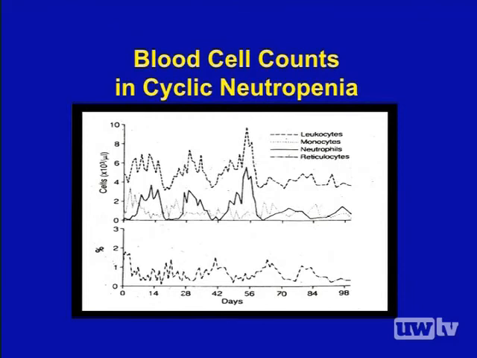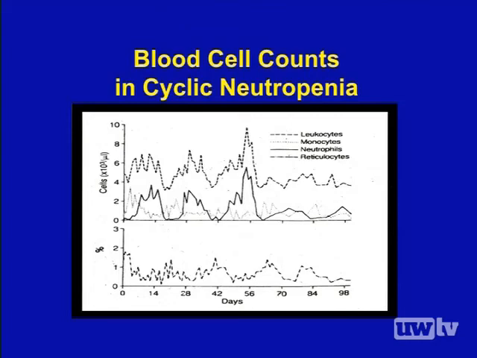Because in this picture, what I've shown is blood cell counts over time. And the central feature is, if you look at this part of the panel and at the black line, you can see the blood count of neutrophils going up and down and up and down and up and down, with a period of severe neutropenia, that is, counts, as I mentioned, less than 500, occurring every 3 weeks over and over again.